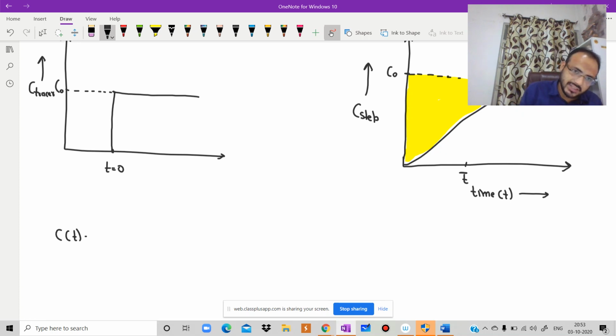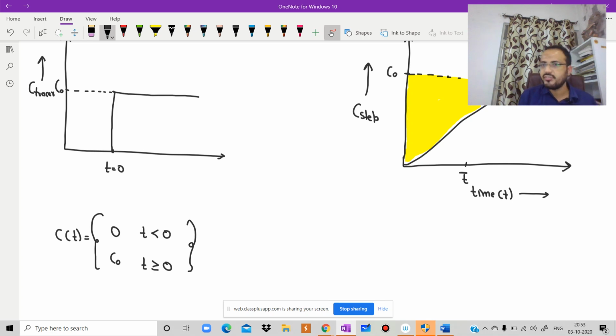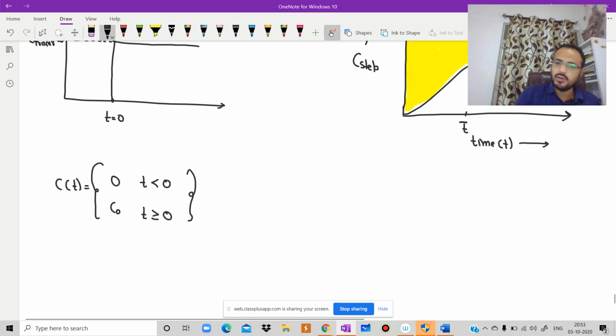The concentration C(t) is equal to 0 for t less than 0, but it will be C node for t greater than or equal to 0. It should be clear to each and everyone. Is it clear? Now you mug it up, okay.